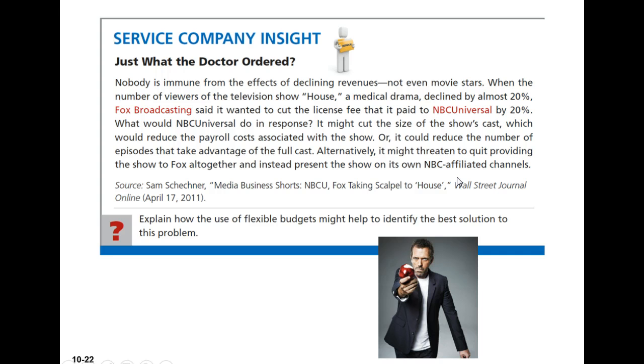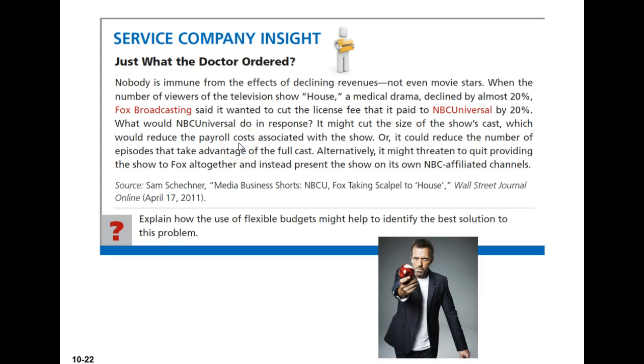It might cut the size of the show's cast, which would reduce the payroll costs associated with the show, or it could reduce the number of episodes that take advantage of the full cast. Alternatively, it might threaten to quit producing the show for Fox altogether and instead present the show on its own NBC-affiliated channels. So, based on flexible budgeting, you can make some decisions.